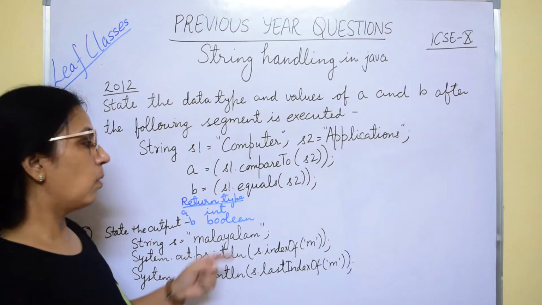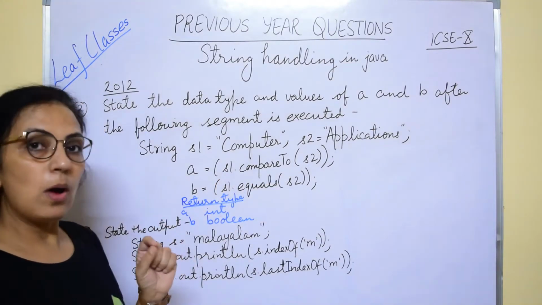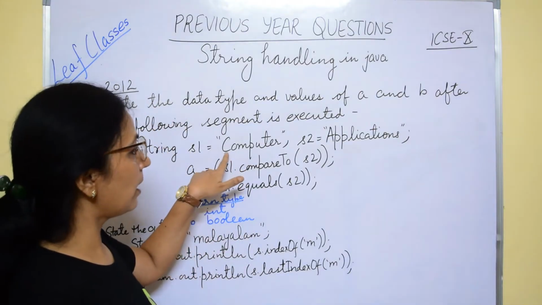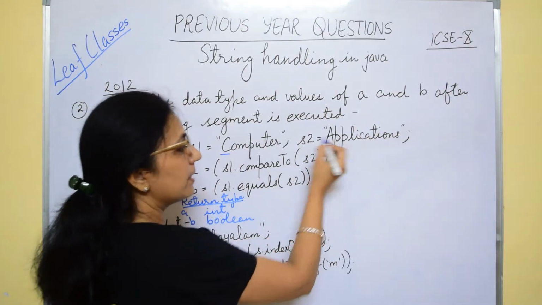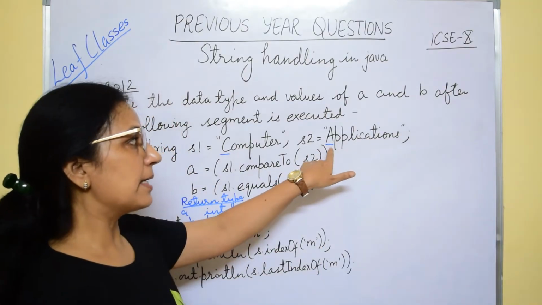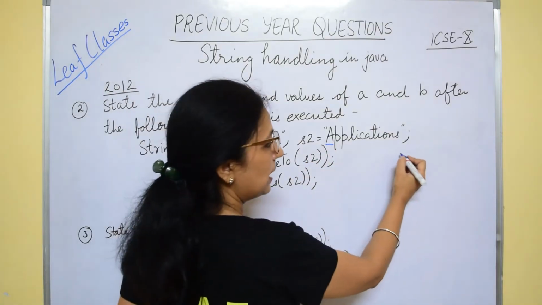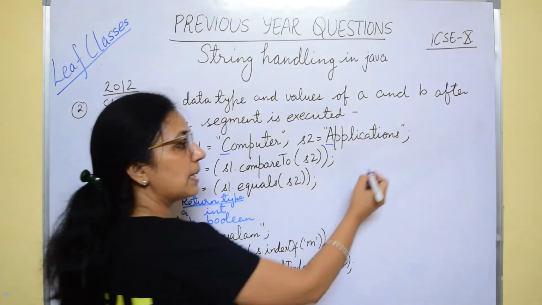And now what will be the value? s1.compareTo(s2). We have already discussed this, and I am telling you again: the first character's ASCII value minus the first character's ASCII value of the second string. The ASCII value of A is 65, B is 66, C is 67.